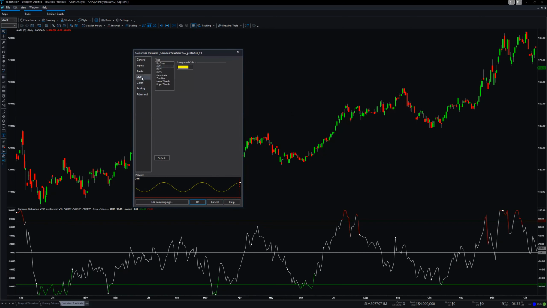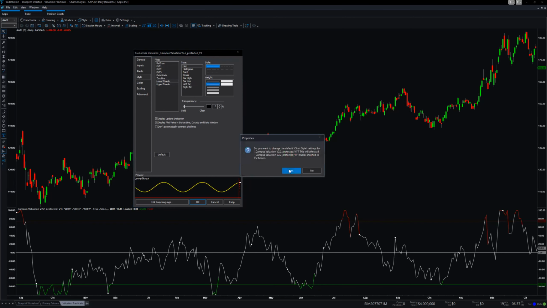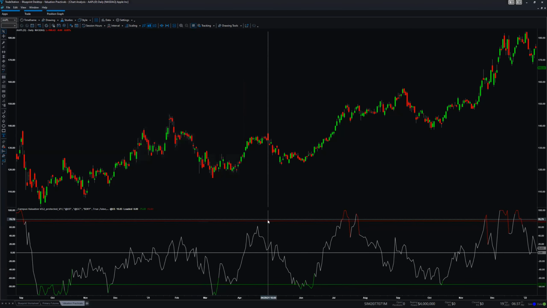And then I could also go to the color and the style. On the style, if I look at, for example, my lower and my upper threshold, I could make them a bit bigger. I could set that as default. Right now it's a bit bigger.